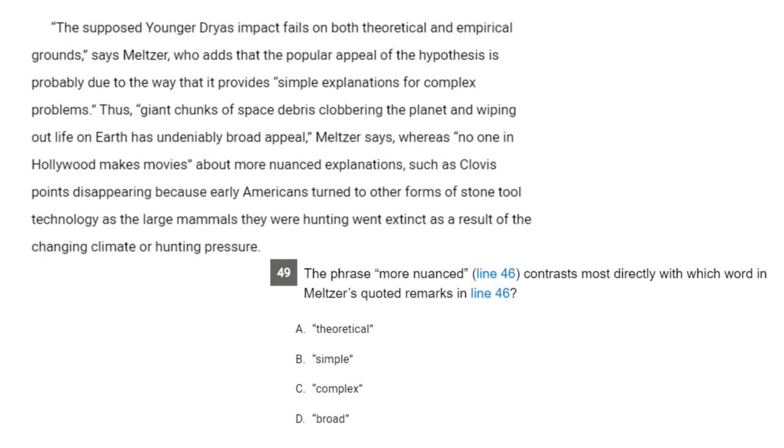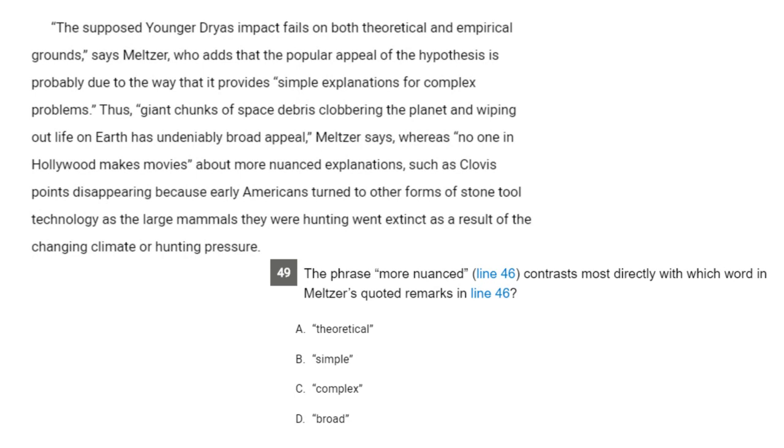Thus, giant chunks of space debris clobbering the planet and wiping out life on Earth has undeniably broad appeal, Meltzer says, whereas no one in Hollywood makes movies about more nuanced explanations, such as Clovis points disappearing because early Americans turned to other forms of stone tool technology as the large mammals they were hunting went extinct as a result of changing climate or hunting pressure.